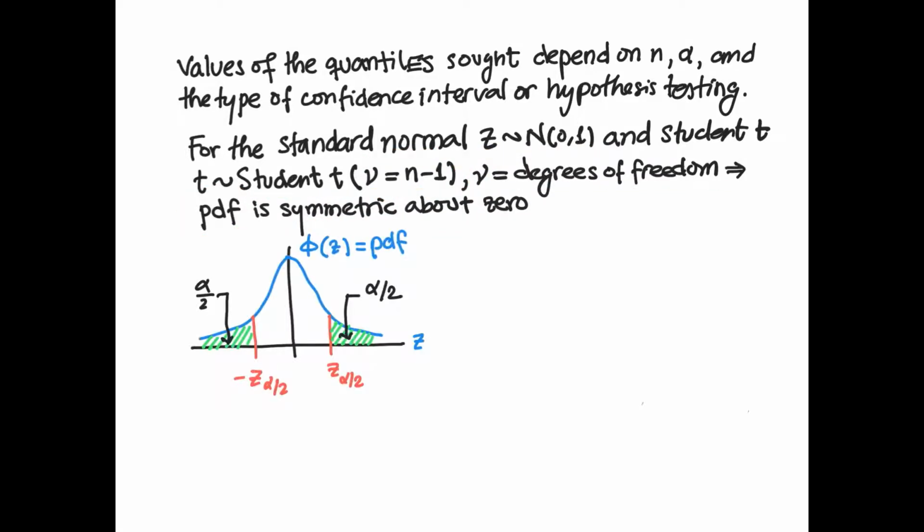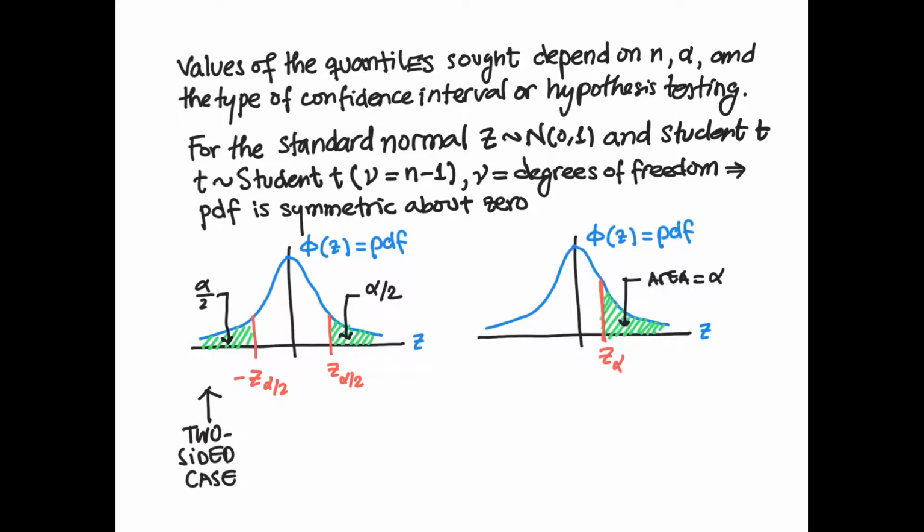What that means is that you will get a figure like this, and you will be looking for quantiles corresponding to probabilities alpha over 2 in what is called a two-sided case.